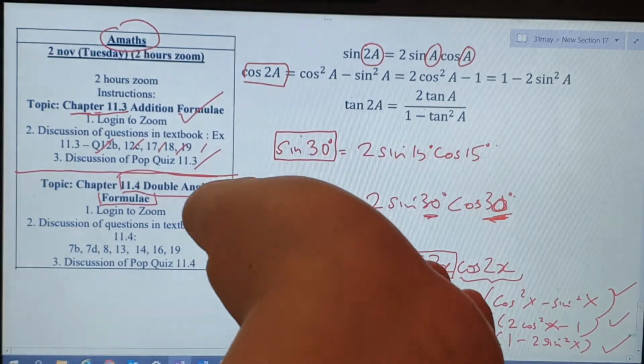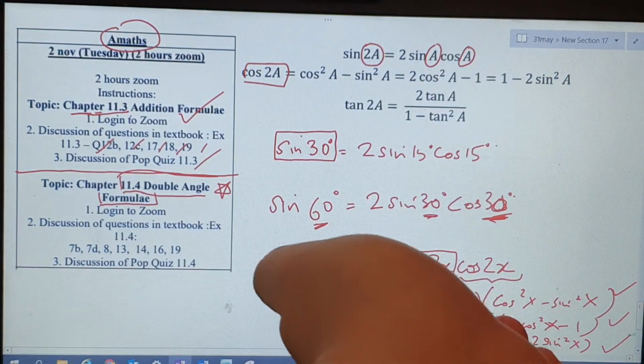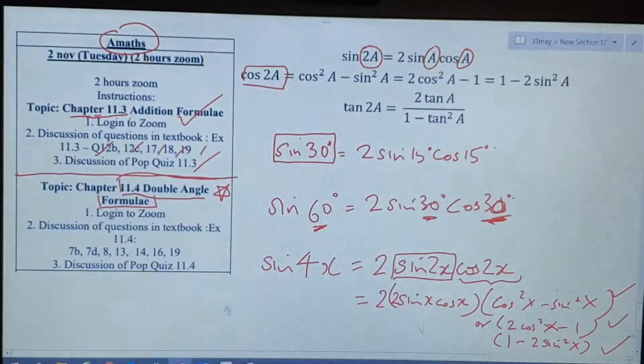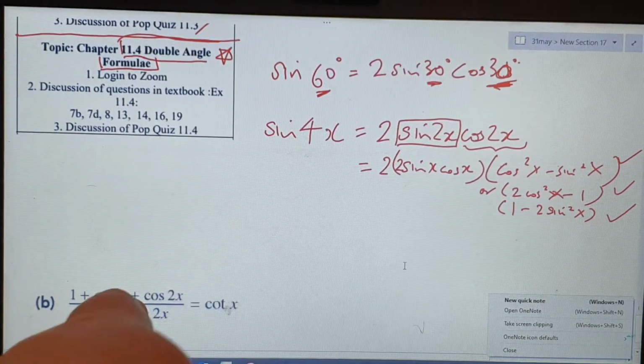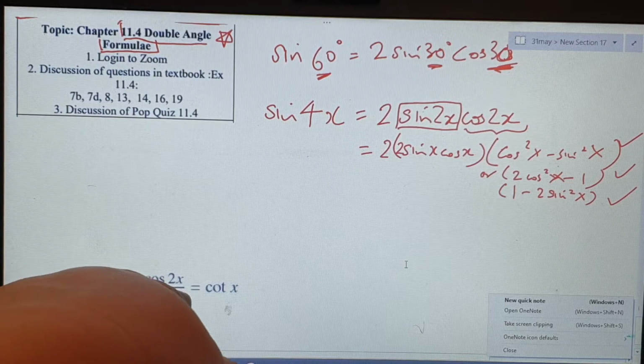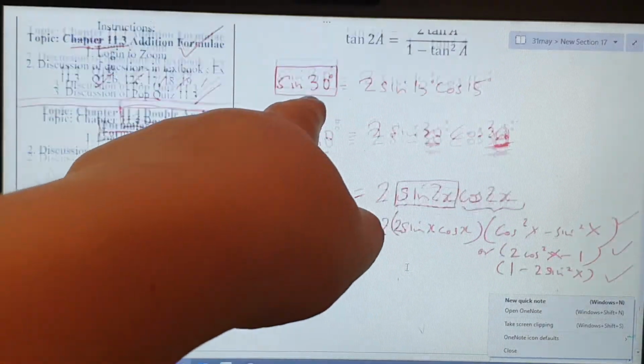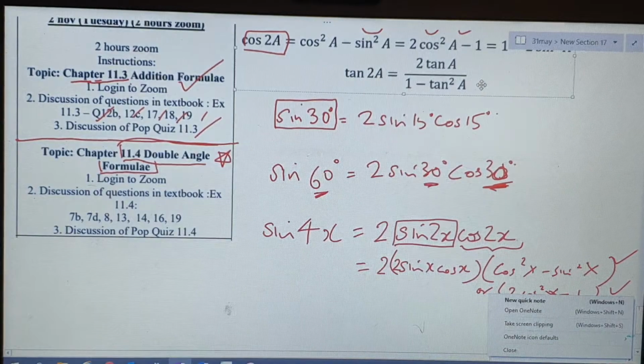So this is how I can use the double angle for cosine. Which one to use depends on the question. It can be a proving question like the one that I'm going to show you later.